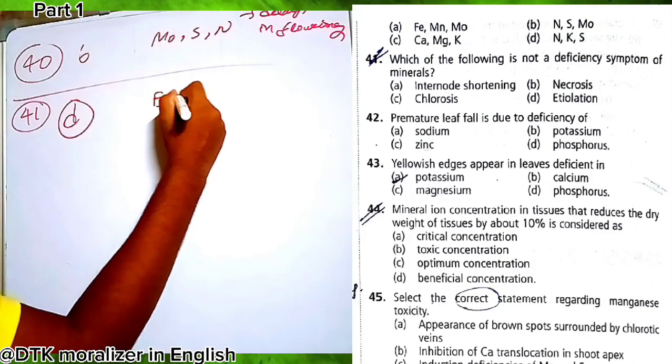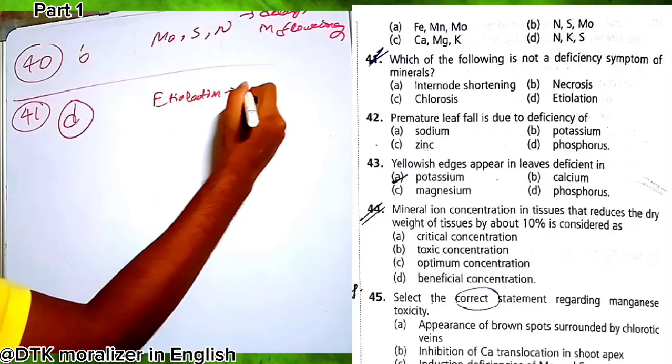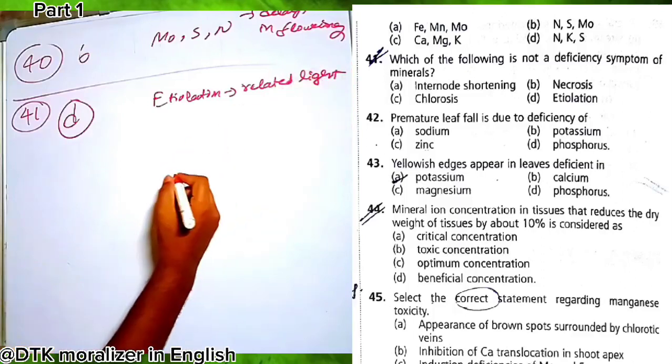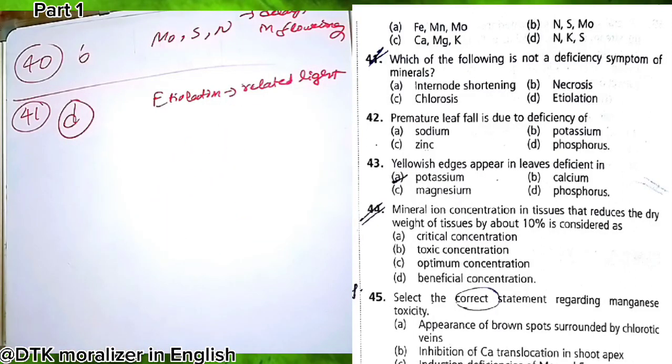Here etiolation is related to light exposure of the plant.